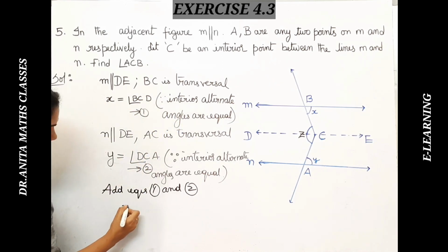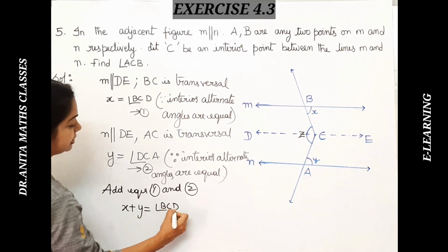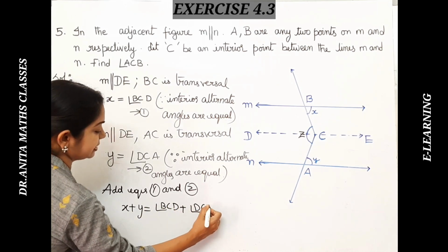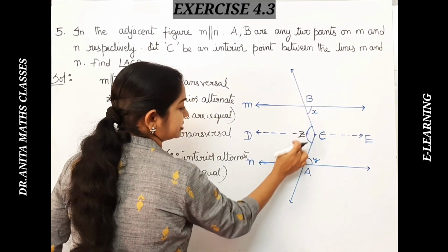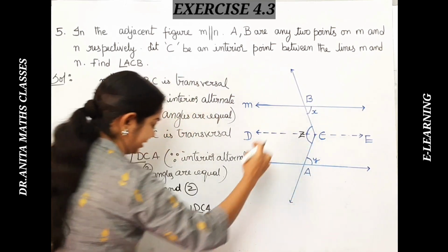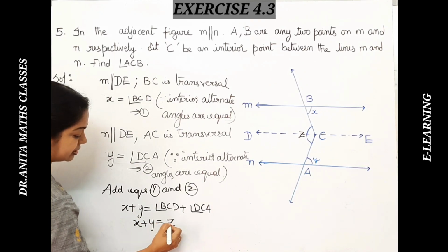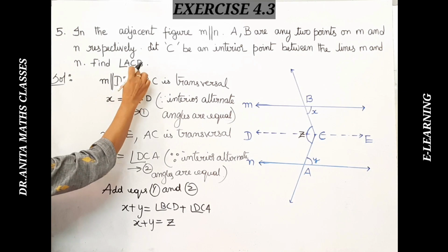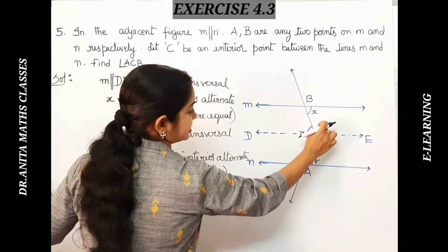So x plus y equal to BCD plus angle DCA. BCD and DCA, that means these two angles make the complete angle Z. So x plus y equal to the Z angle. So we need to find angle ACB. This Z is nothing but ACB.